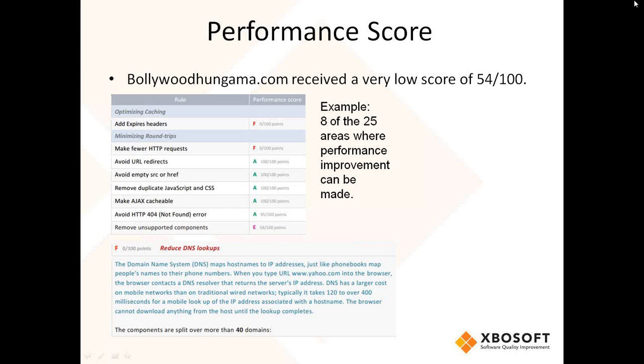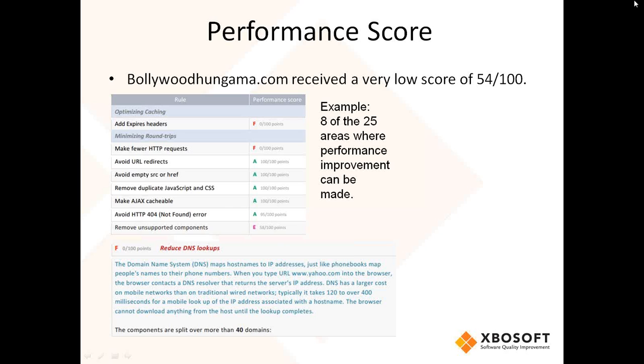Add expires headers. That means your headers, do they expire? Do you have a time limit on them? Making fewer TCP requests. Bollywood Hungama got an F, 0. That means they found an enormous number of TCP requests that were unnecessary, that could be eliminated by doing certain strategies.